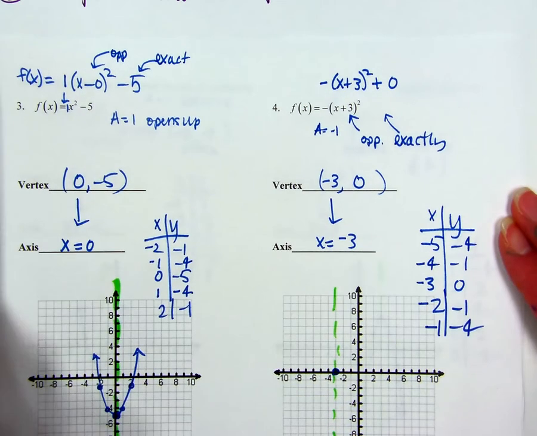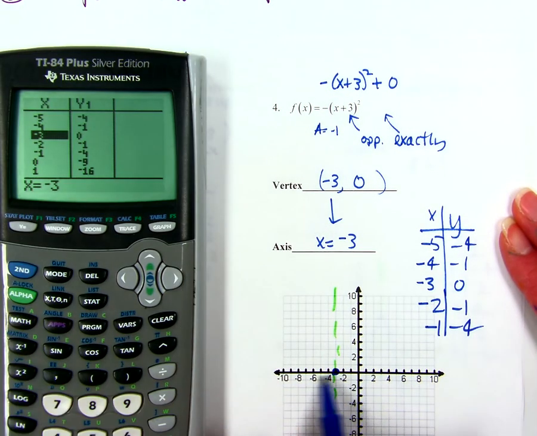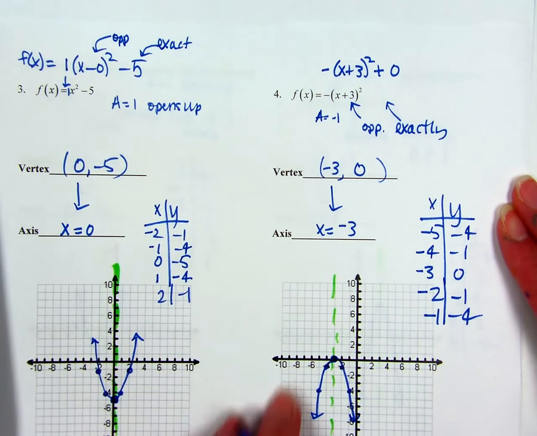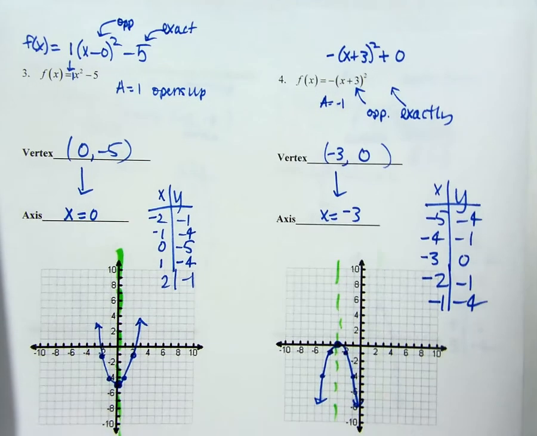Right, then using those 5 points, I'm going to plot negative 5, negative 4, negative 4, negative 1, negative 3, 0, negative 2, negative 1, and negative 1, negative 4. So now I connected my dots and made arrows at the end, so there's my U-shaped parabola opening downwards.